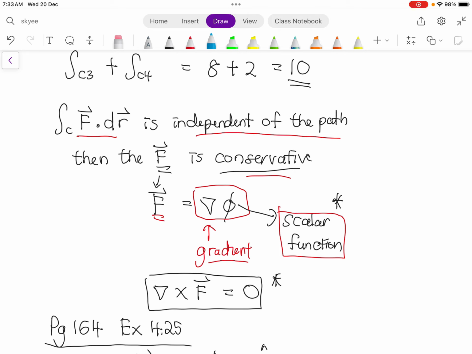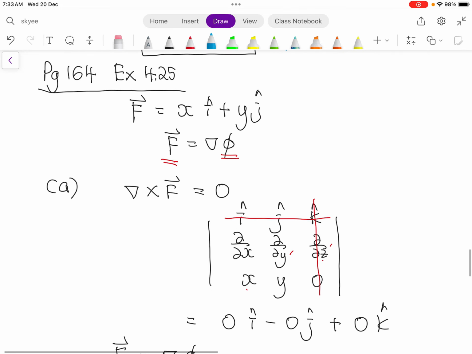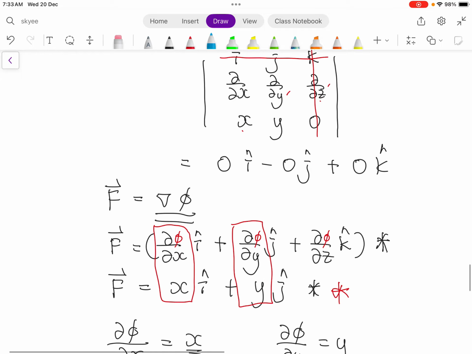So when the force is conservative, there will be a scalar function. The gradient of the scalar function will be equal to f, and the curl of f will be 0. This is when f is conservative. So we can use this technique, the potential functions, to find the work done also, and these are the procedures.